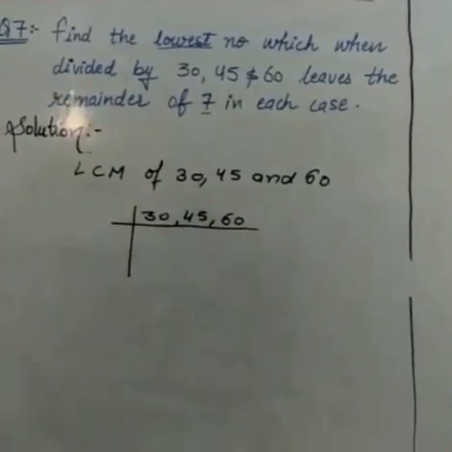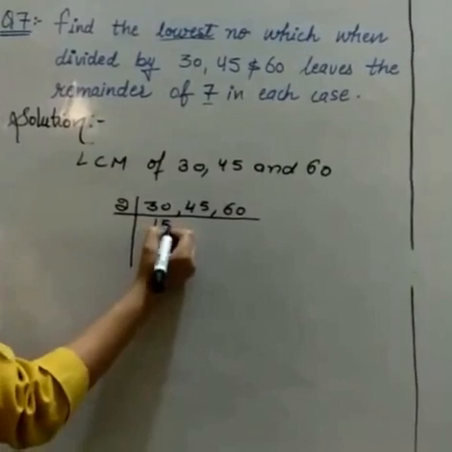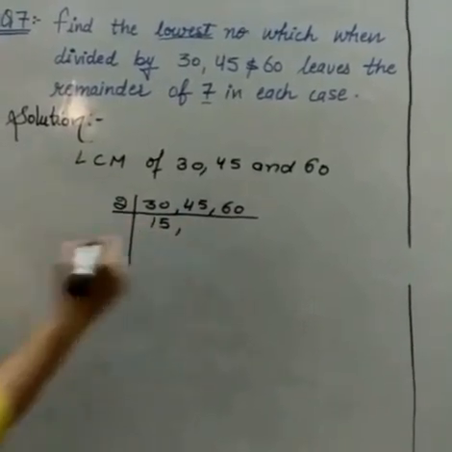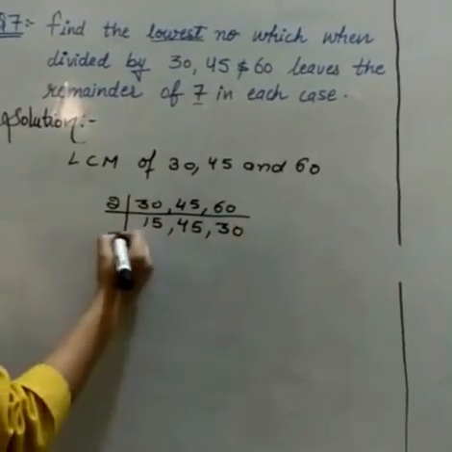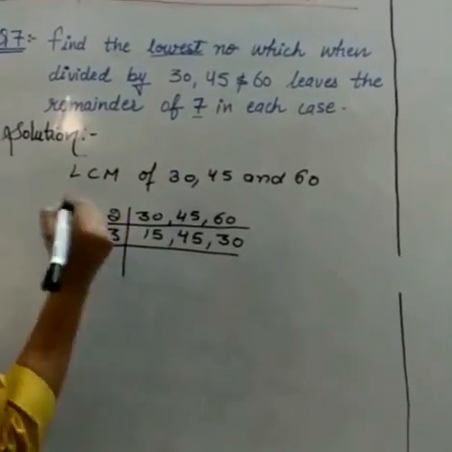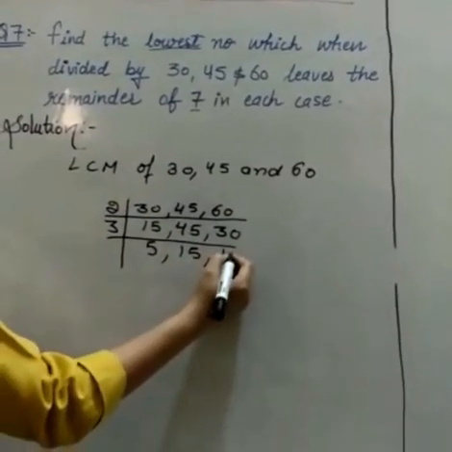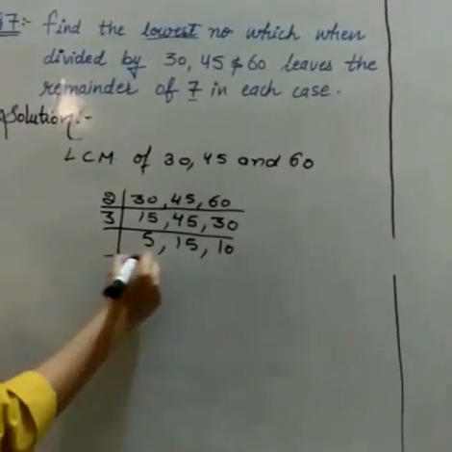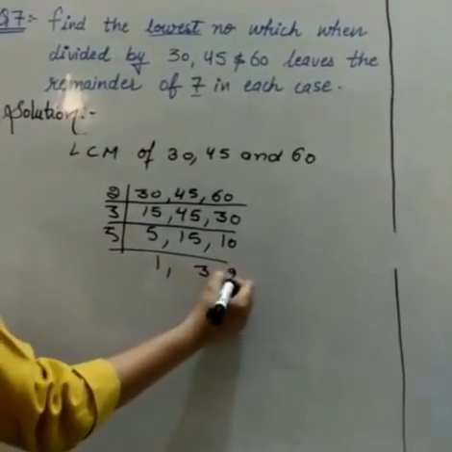Now will it be divisible by 2? What will come here? 15. Here 45 is not divisible by 2, so here 30. Next 3. 3 5s are 15. Here 15 will come. Here 10 will come. Now 5, 1, 3 and 2.